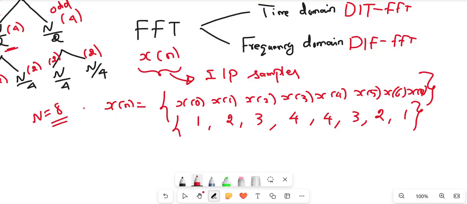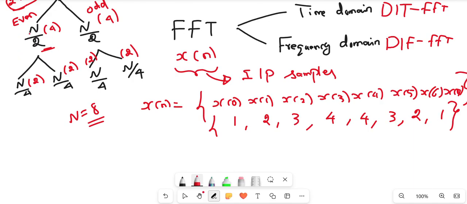So N equal to 8 is divided into even and odd samples. Again this is divided into N by 4, even and odd, with respect to the position.